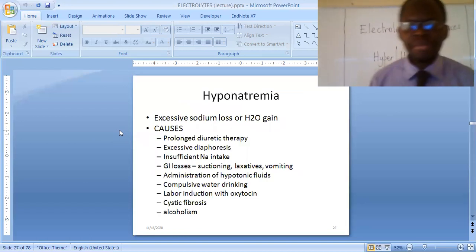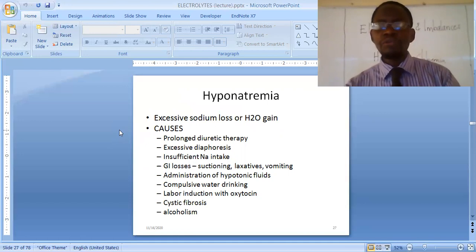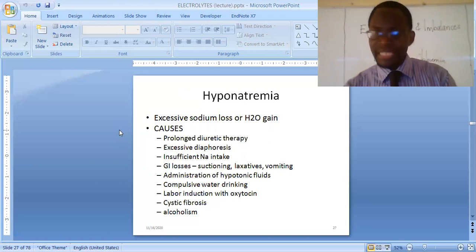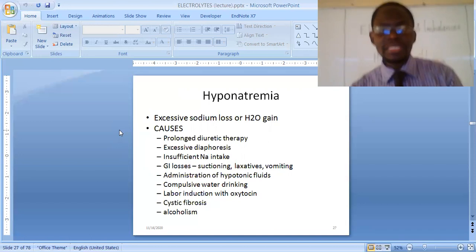So hyponatremia, basically it's loss of sodium or too much gain of water, which decreases the concentration of sodium. And what are the causes? Things like prolonged diuretic therapy, in other words, you overtake diuretics.